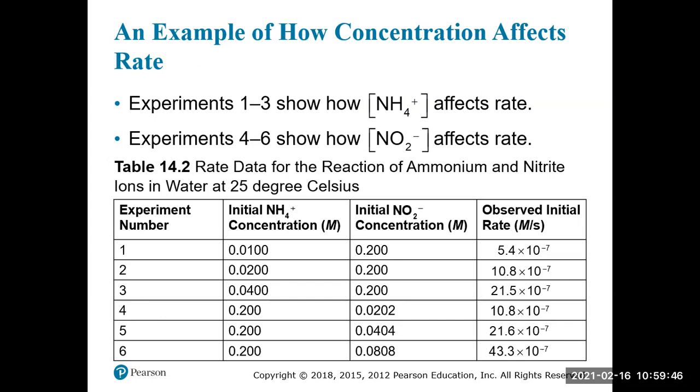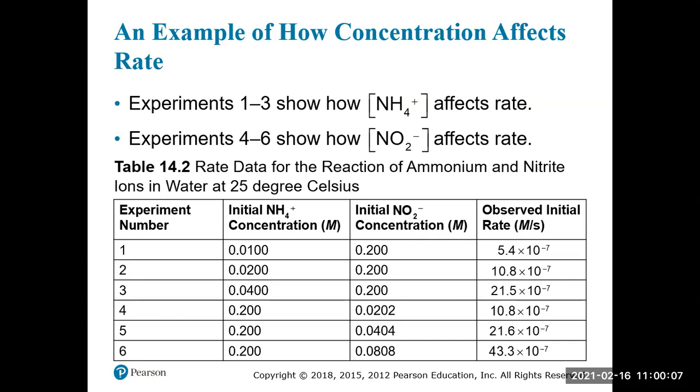The ammonium ion concentration is varied in each of the experiments. So in the first one, it's 0.01 molar, the second 0.02, and the third 0.04. So what we're doing in each of those is we're doubling the concentration of the NH4 plus.